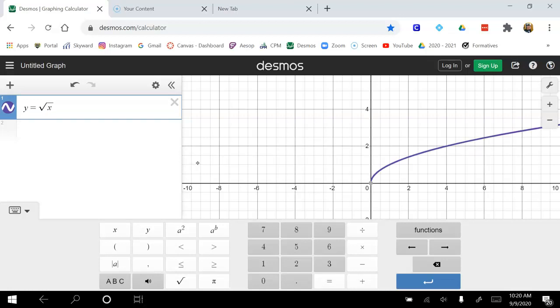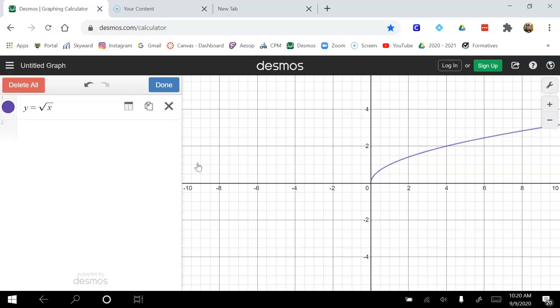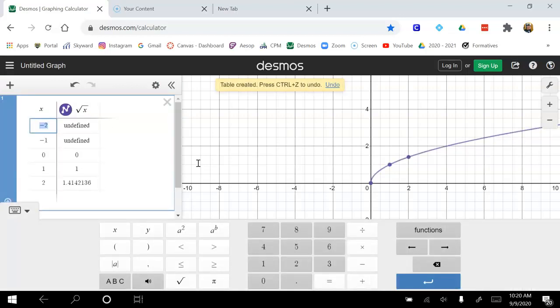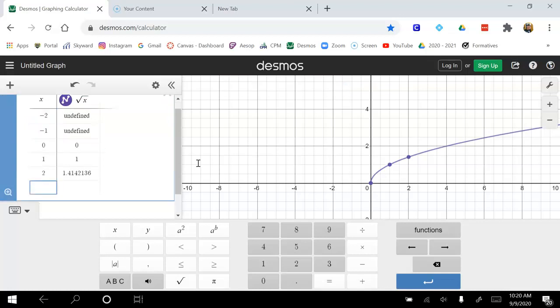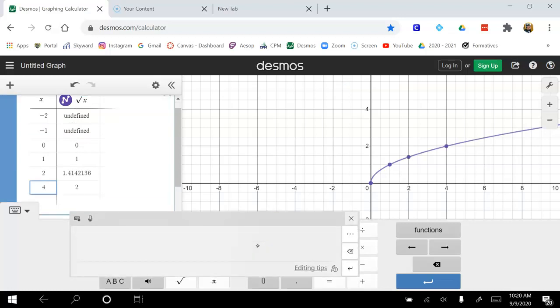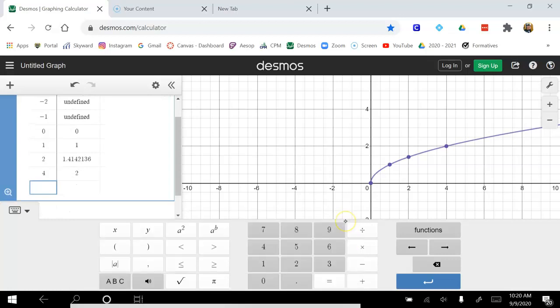So now, there's our graph, but it also can show us our table. To go to table, you want to hit that little gear, and then the table option, and it'll show you some values there. If you want to see more values besides those, just type them in underneath. So if I want to see when x is 4, it gives us our output of 2. And we can just keep typing in different values there.